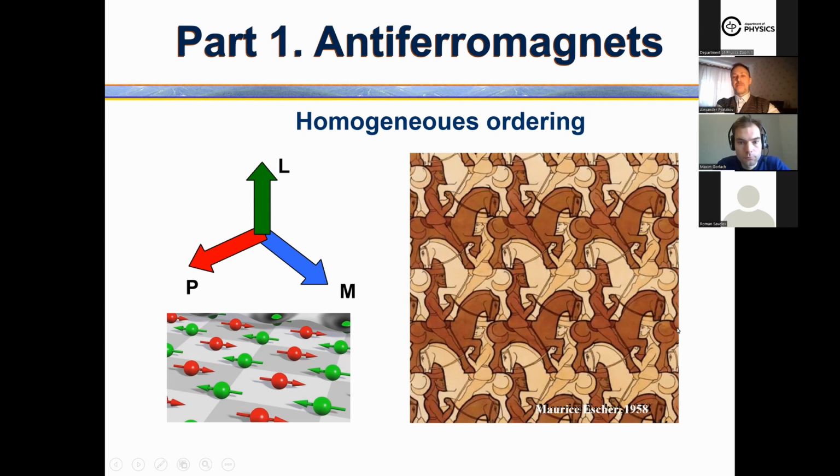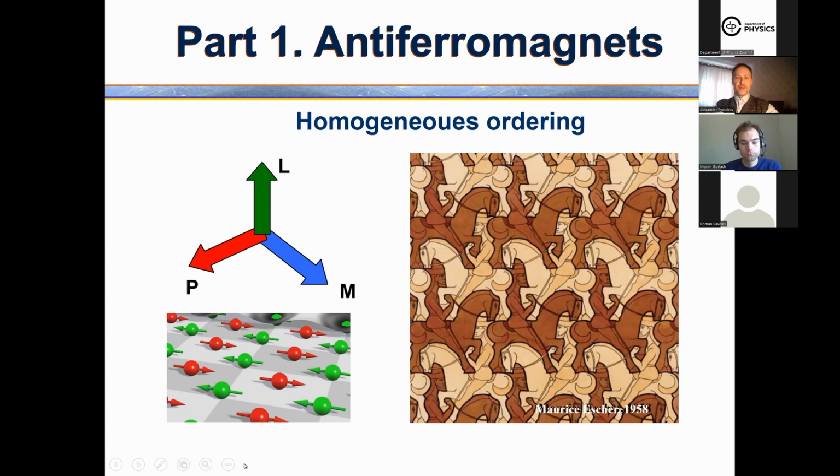And many mathematical ideas are reflected in his art, or even anticipated. So we start with the concept of antiferromagnet. It's a media with at least two sublattices, with opposite direction of magnetization, with opposite direction of spins.